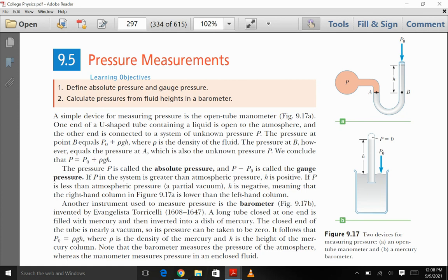That fluid is higher than the lower fluid, isn't it? So you see that that fluid column is higher than the left hand column.